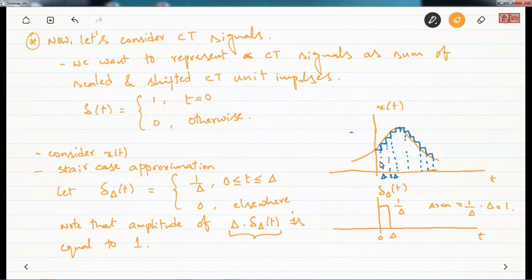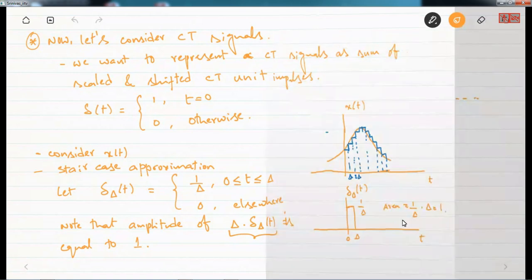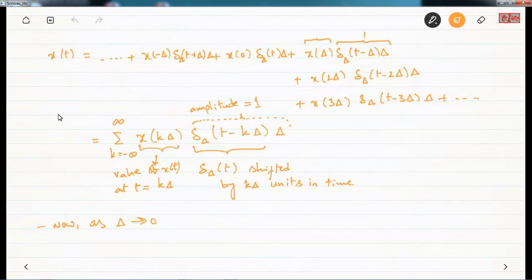Now, as delta goes to 0, this approximation becomes better and better. Here there is a correction. I call this x hat of t, because this symbol is called hat. It looks like a hat, right?